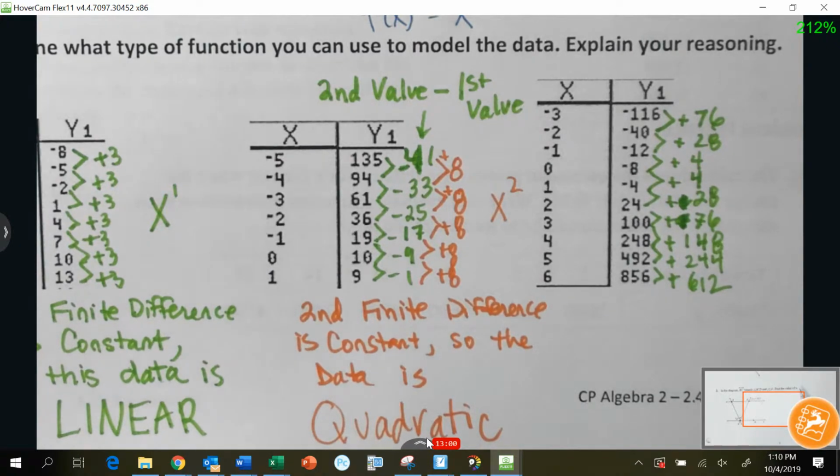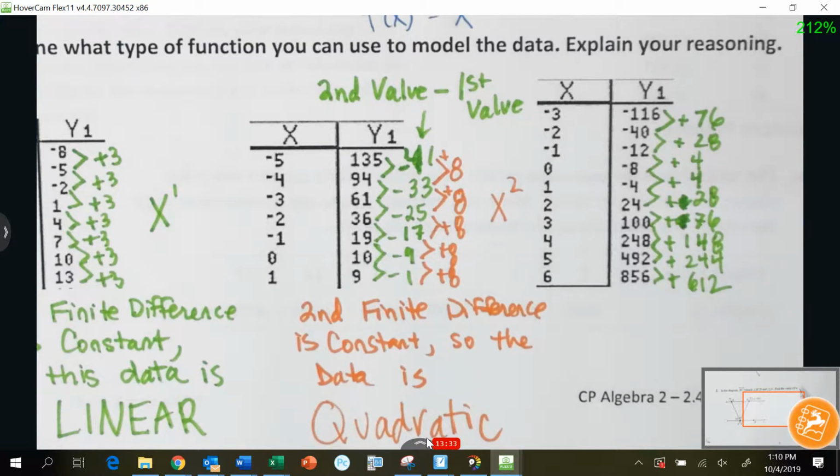So is this linear? No. No, well. You have to do the second value minus the first value. So the second one, negative 40, minus negative 150.